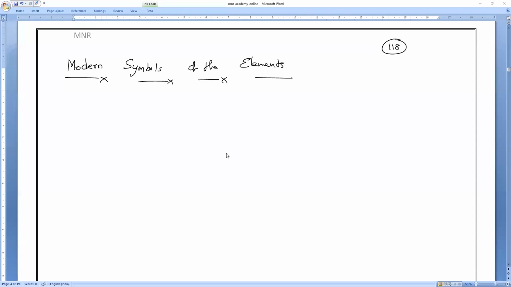That is what we call a modern symbol, which is the easiest way to identify the given element. Of course, we'll write the rules for writing the symbols of the elements and the significance of the symbols, what information they give you. All those things we'll study in today's class.